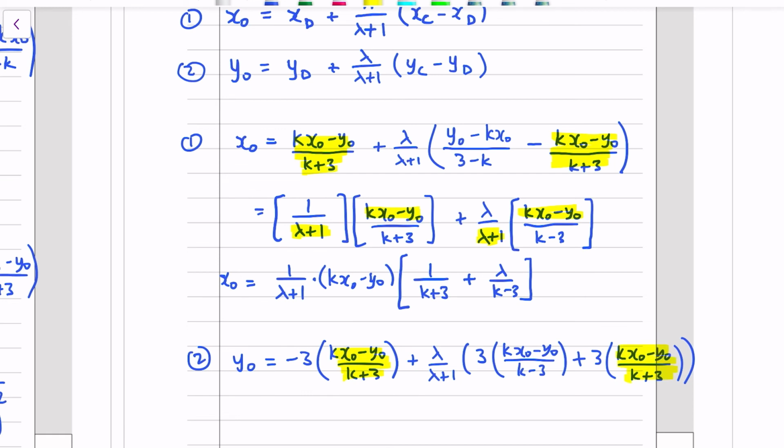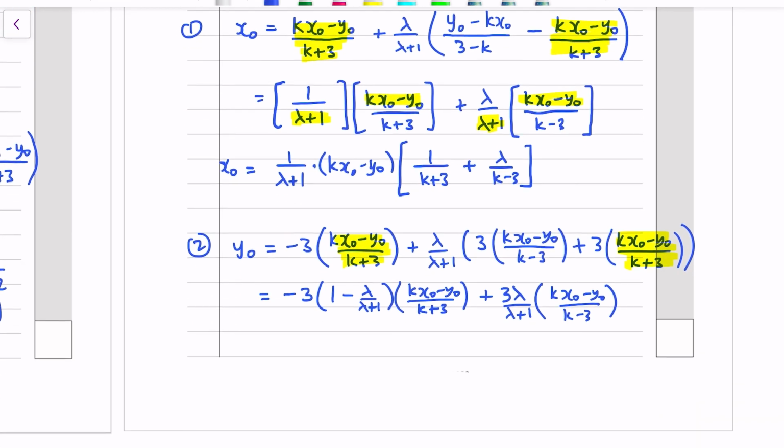So we've got minus 3 times 1 minus lambda over lambda plus 1, all times by kx naught minus y naught over k plus 3, and then we've got the last term which we haven't dealt with, 3 lambda over lambda plus 1 times kx naught minus y naught over k minus 3.